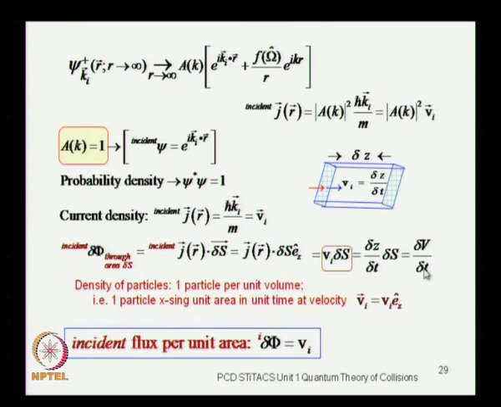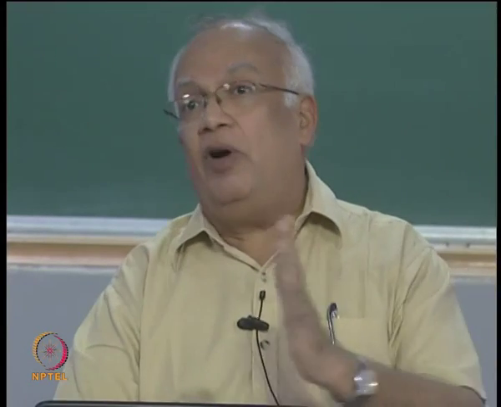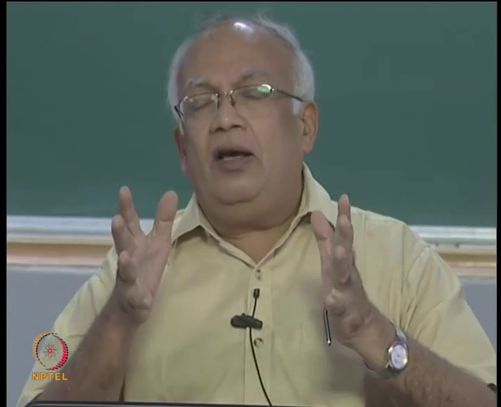This is delta V by delta T. Okay. So, in that entire volume, how much volume is swept in delta T? Now, if delta V by delta T is unity, you have one particle in unit volume corresponding to one particle crossing unit area. So, if you have a very intense source, which is generating a large number of incident projectiles, then all of these will crowd into that volume, and you will have more particles in the unit volume.